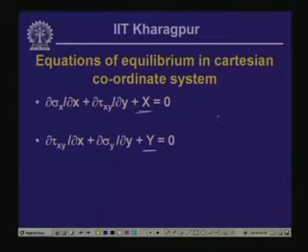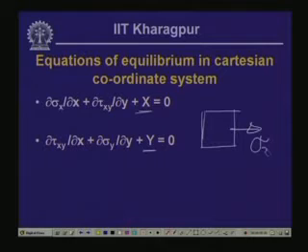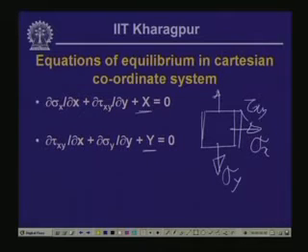As you know, sigma x and sigma y are the normal stresses in the x and y direction, and tau xy is the shearing stress component. So these two define the equations of equilibrium in a two-dimensional system.